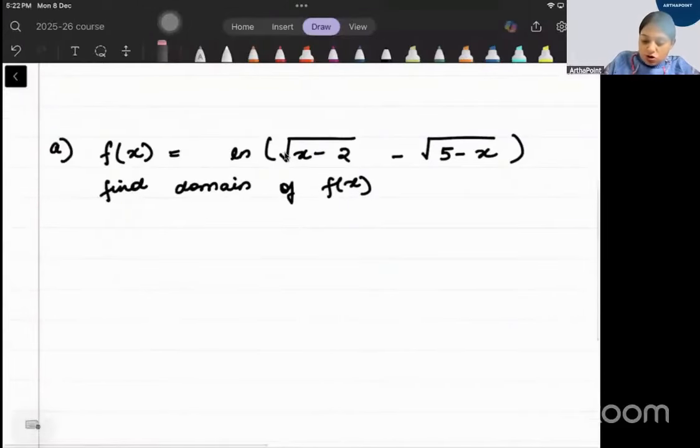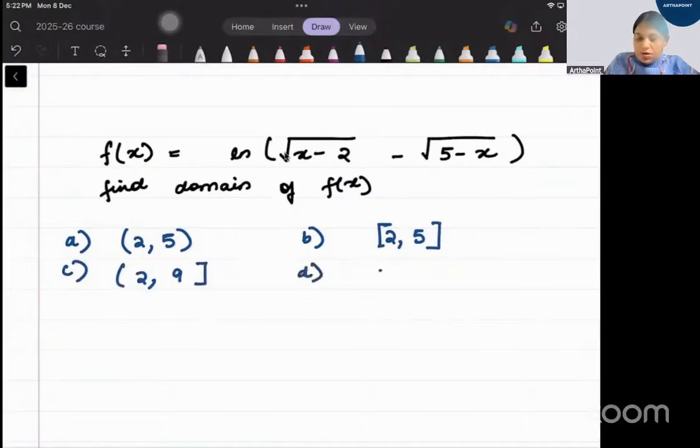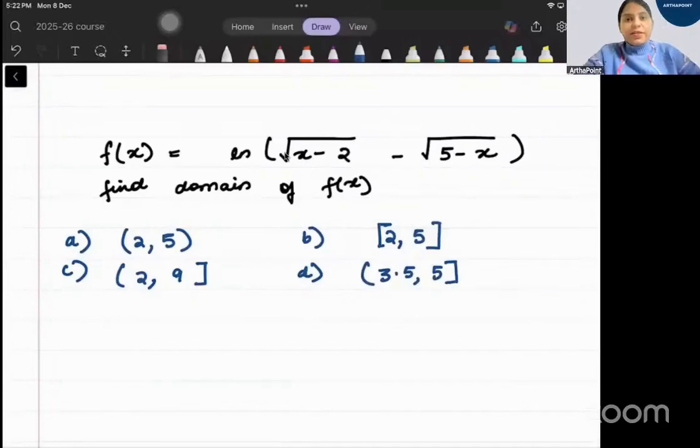The options that you have are 2 to 5, 2 to 9, 3.5 to 5. Give it a clue. Find the domain of the function.